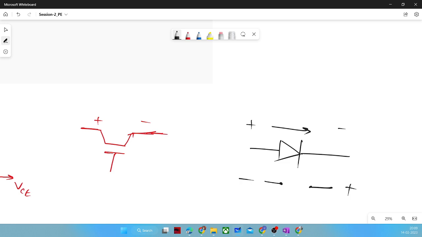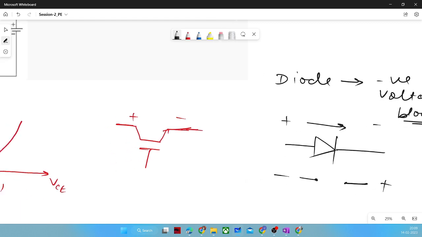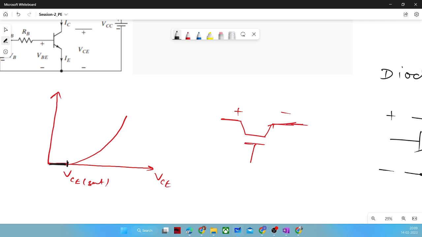If it is not conducting at all in the negative region at the start, it is considered blocking in negative, so a diode is negative voltage blocking. In a BJT some leakage current will flow, due to the reverse-biased base-collector junction. Though that is a small current, it will be there.